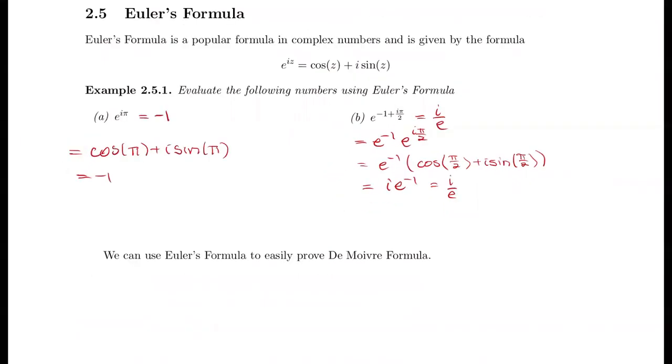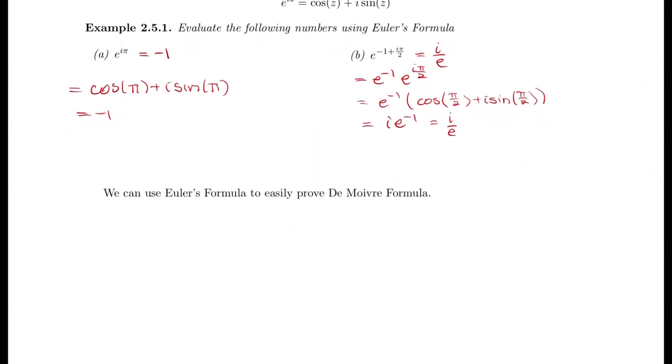Okay, so the last part here for this section is that we can use Euler's formula to prove de Moivre's formula. Let's see what happens.